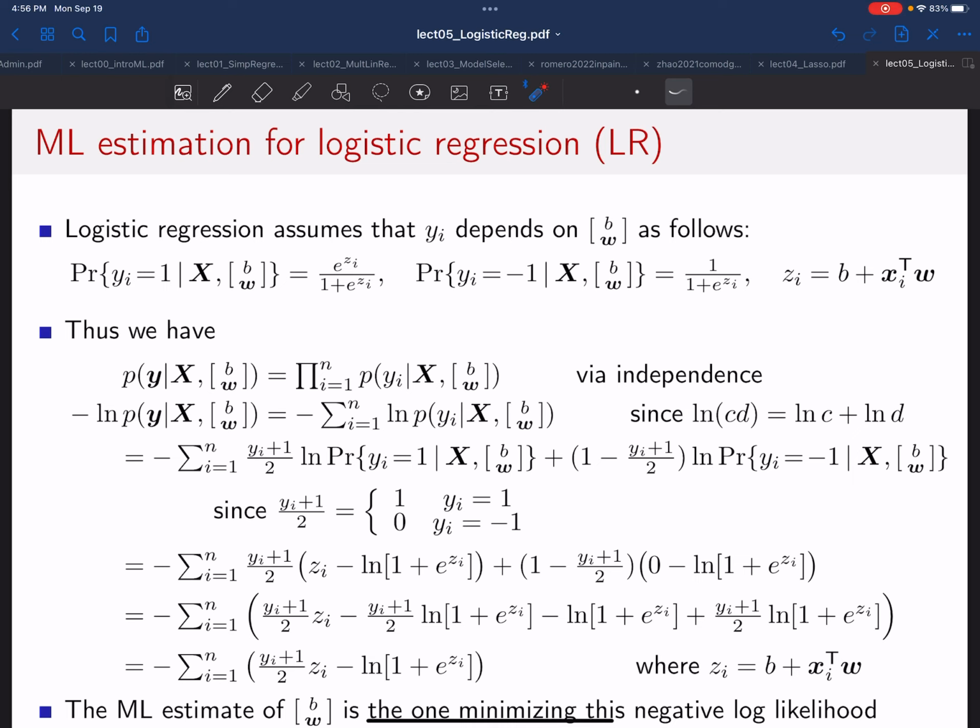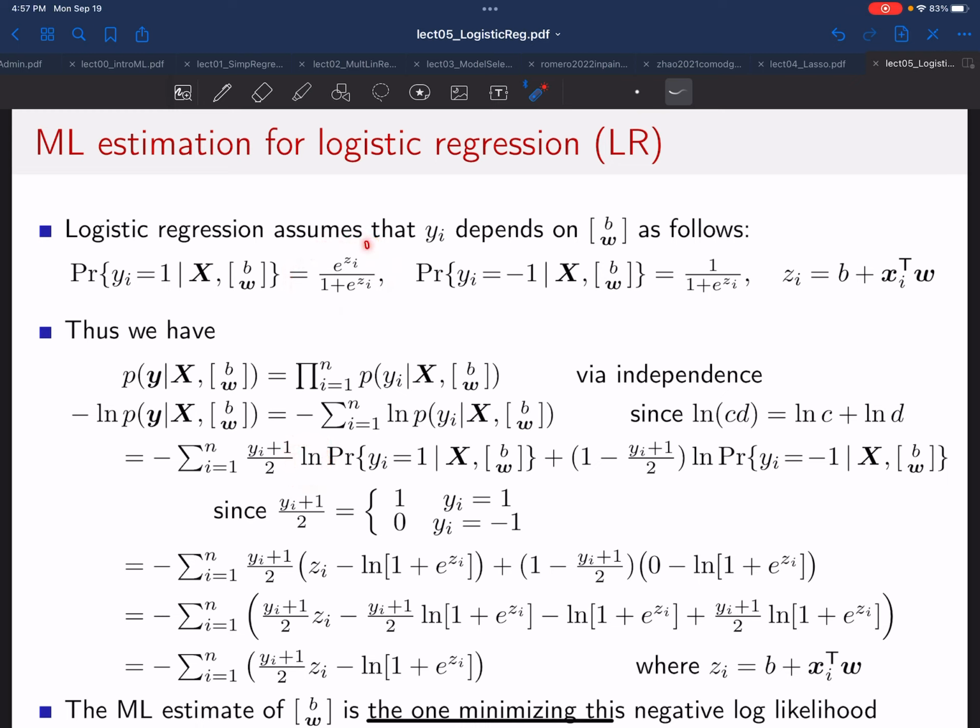Okay. So basically now all we have to do is plug in this expression here, and we plug in this expression here. Okay, so in the first case, we have to take the log of this. So the log of that fraction is log of the numerator minus log of the denominator.